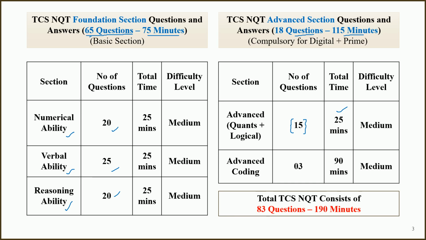The advanced coding section consists of 3 coding questions with 90 minutes of time, and you may expect medium to hard. In total, TCS NQT consists of 83 questions for 190 minutes.